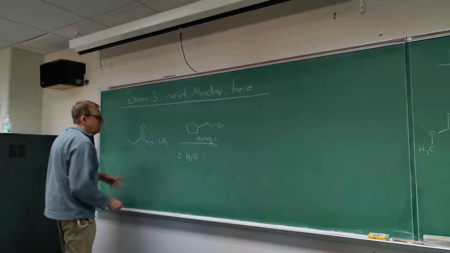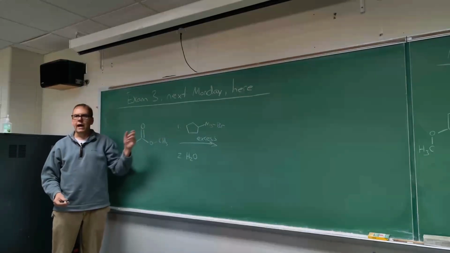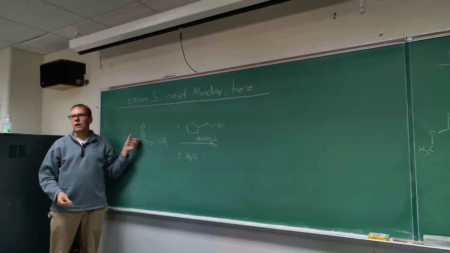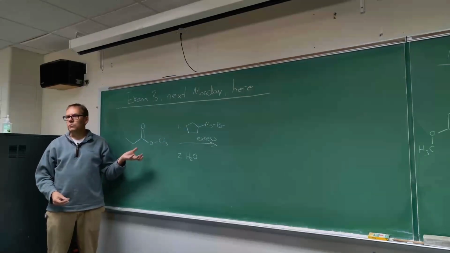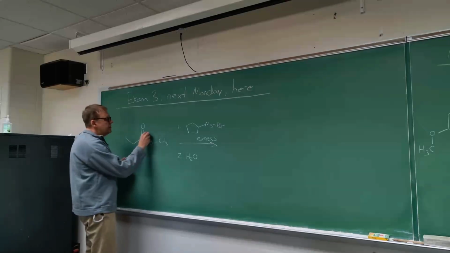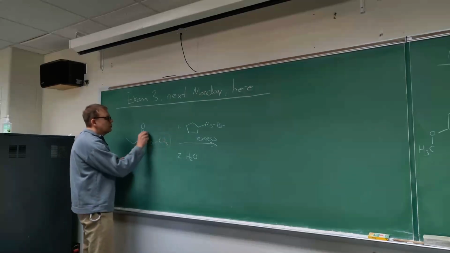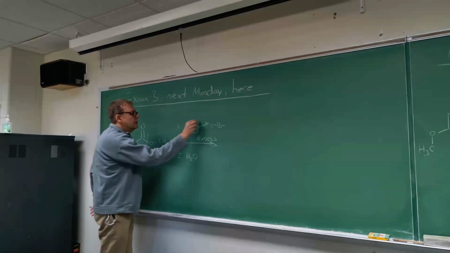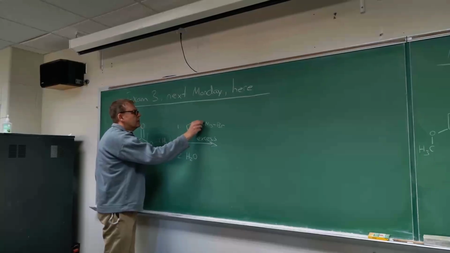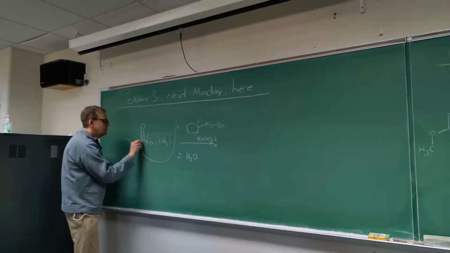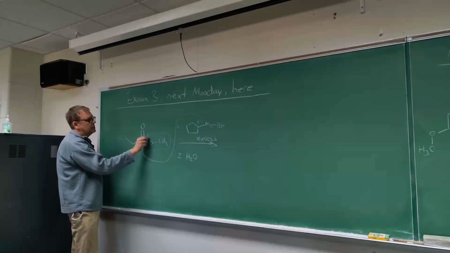Well, what happens is Grignard reagents add twice to esters. Without going through the big long mechanism, what I'm going to tell you is that this group functions as a leaving group. One of the Grignard equivalents comes in and attacks, and the leaving group leaves.